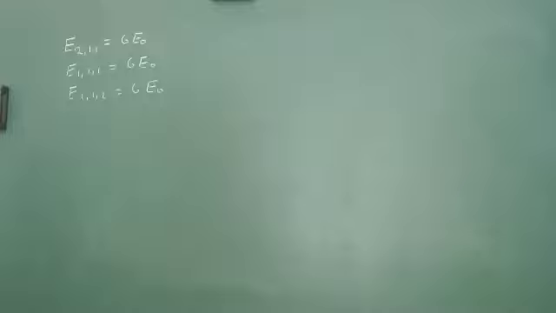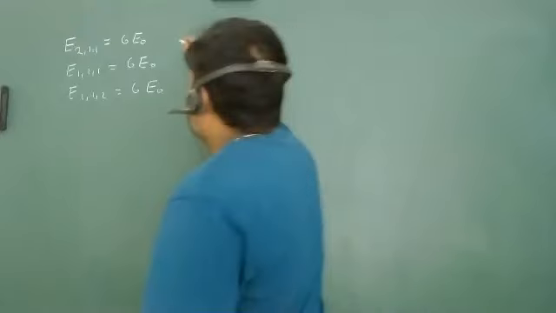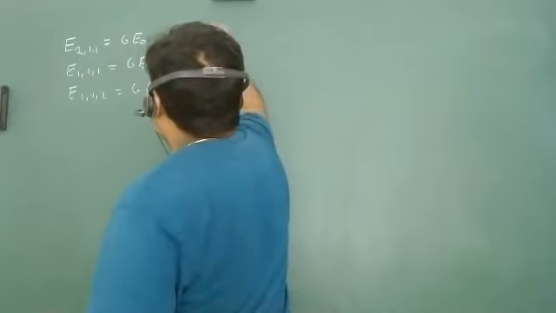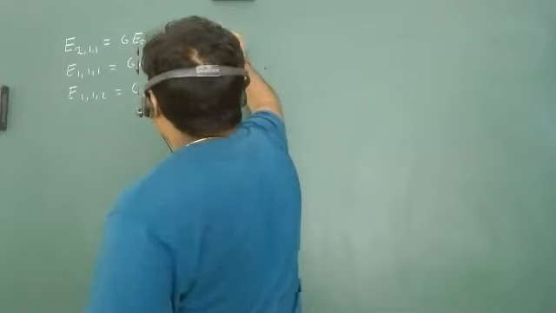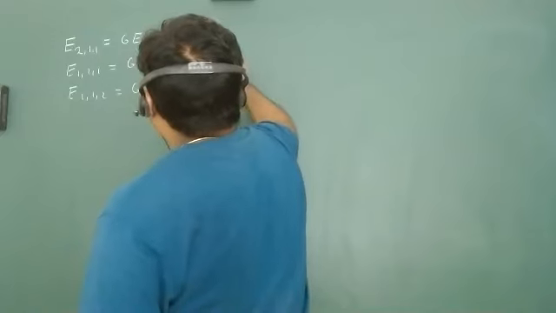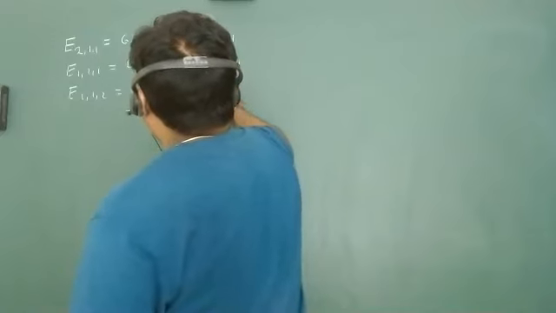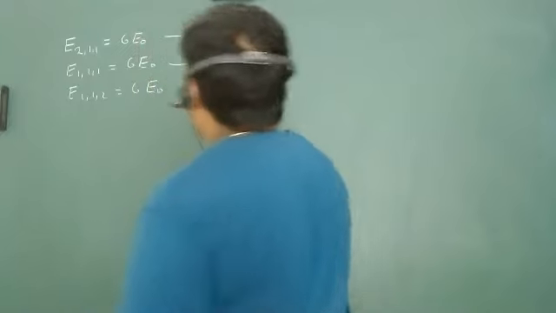Isn't it? And these all are the same, so they are what? Triply degenerate. This eigenvalue is associated with psi 211, this with psi 121, and this with psi 112.